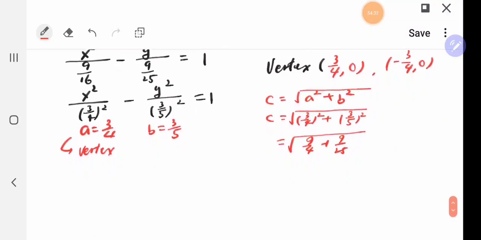Okay, it's a lot of work. What we need is c. So this is equal to the square root of, let's make the denominator 100. Then multiply 25 by 9, 225, plus 25 times 4.